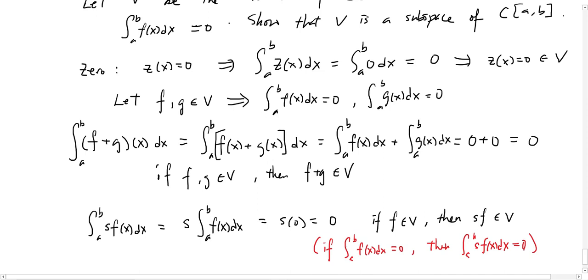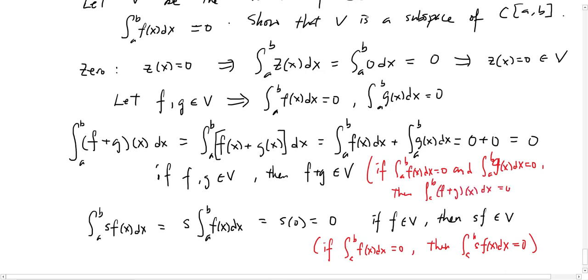And this one right here says pretty much the same thing: if the integral from a to b of f of x dx is 0, and the integral from a to b of g of x dx is equal to 0, then the integral from a to b of f plus g of x dx must also equal 0.